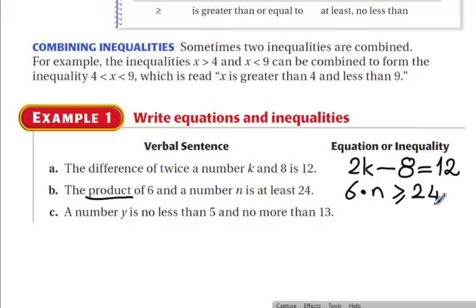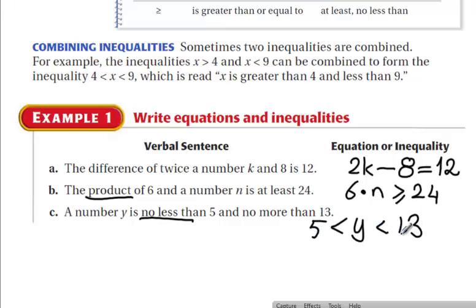The last one: a number y is no less than 5 and no more than 13. No less than 5 means not less than 5, and no more than 13 means not more than 13.